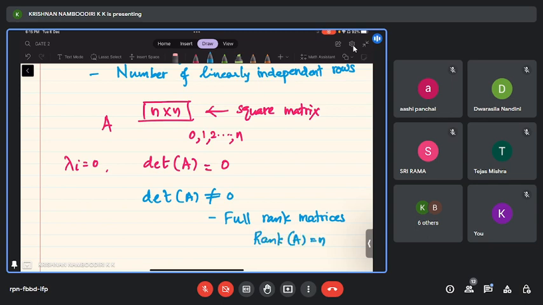That is the maximum possible rank, right? That means if a matrix is rank deficient, the matrix is not full rank, so at least one eigenvalue is 0. Is that clear? I hope it makes sense to everyone.